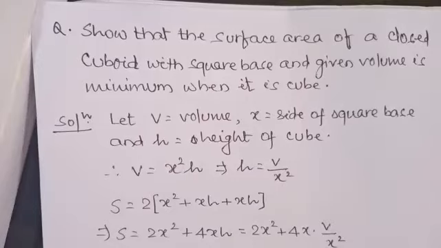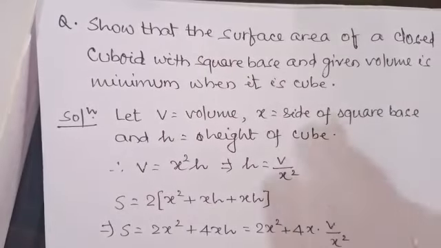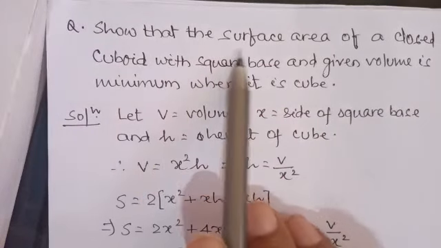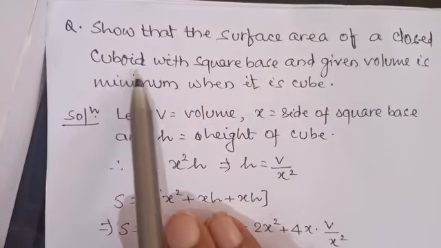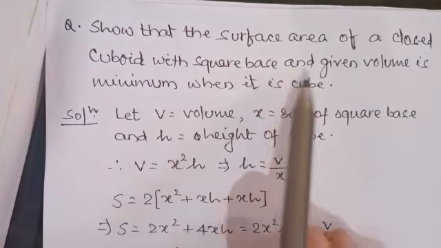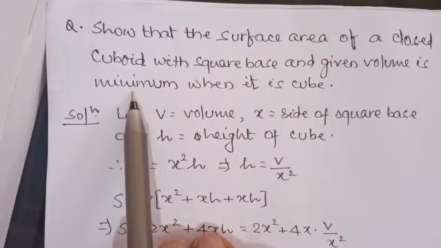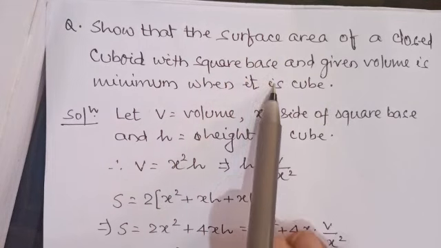Your next question is to prove that the surface area of a closed cuboid with a square base and given volume is minimum when it is a cube.